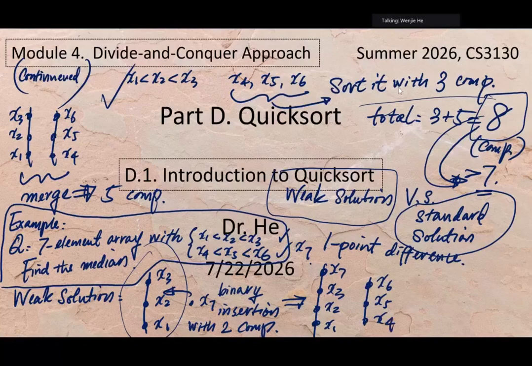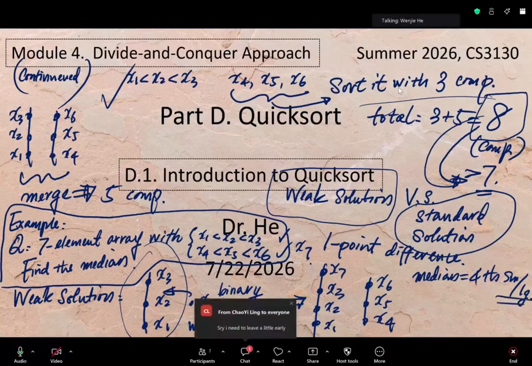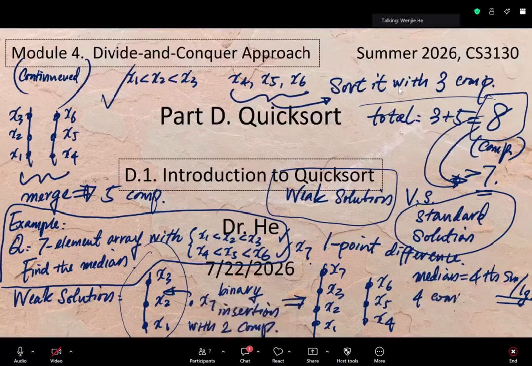Our goal is to find the median, which is the 4th largest or smallest, either side, the 4th. That means you need 4 comparisons to find the median.